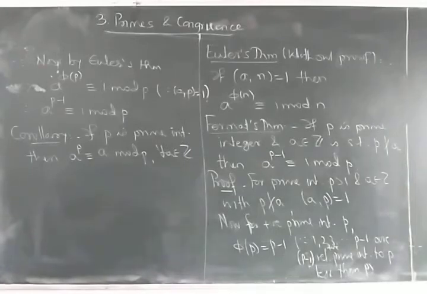For a prime integer p, a raised to p is always congruent to a mod p.